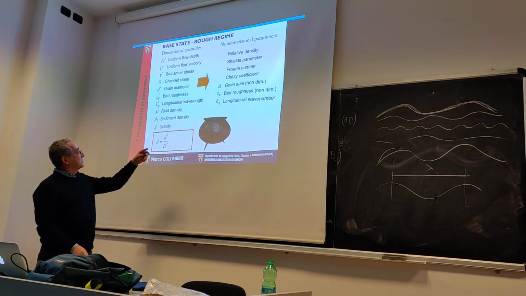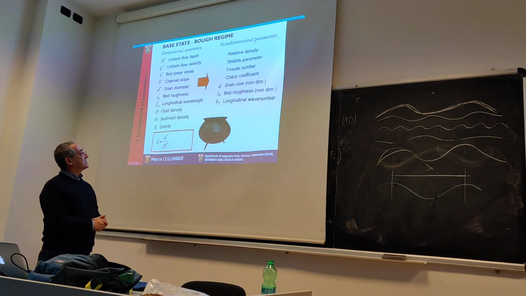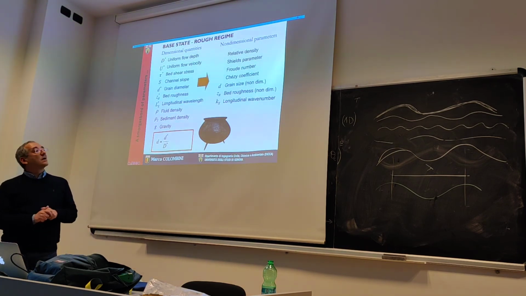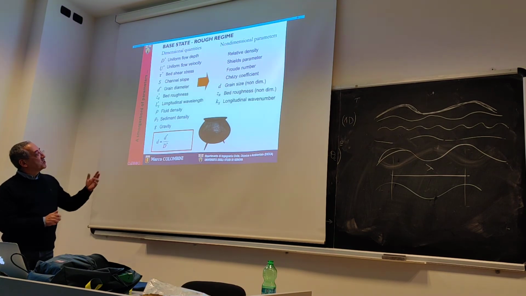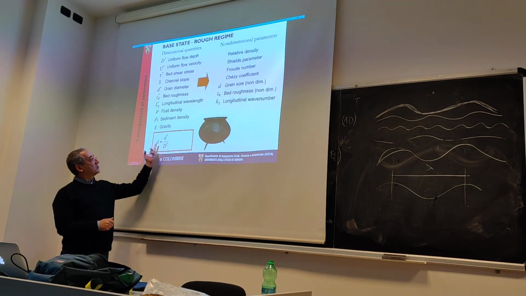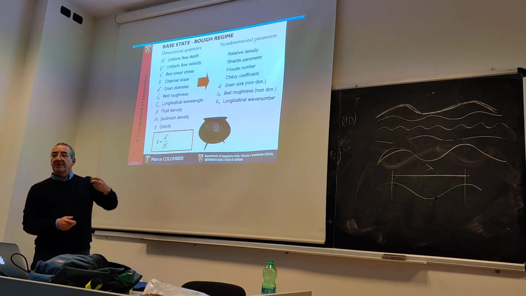Okay, this is a part of the other one, so it's the ratio between the grain size to depth ratio. With the same value of this ratio, you can increase both of them and have the same ratio.